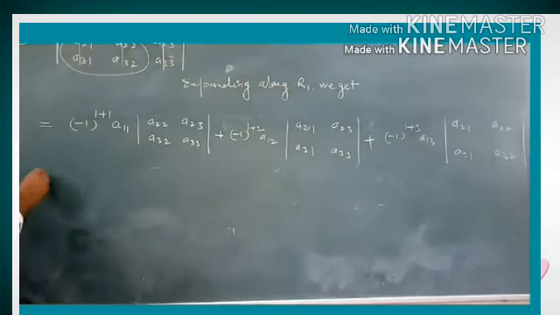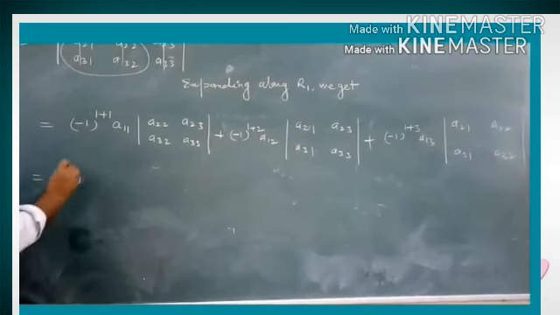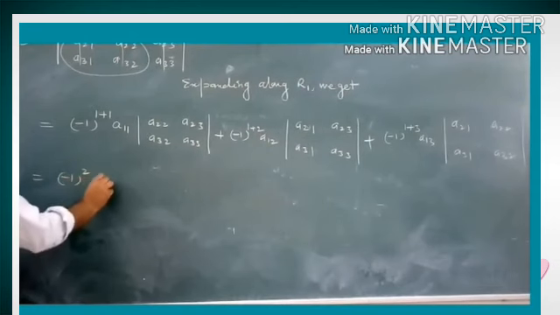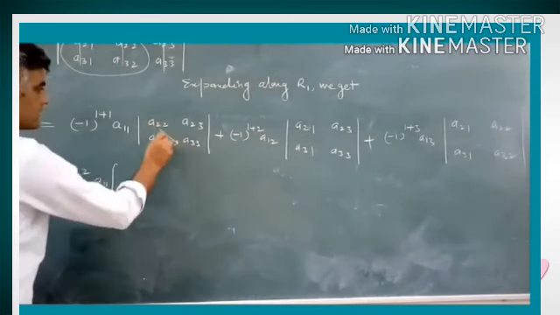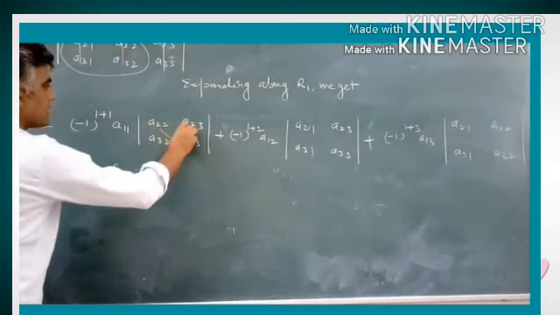After solving, we take the product of diagonal elements minus the product of non-diagonal elements.